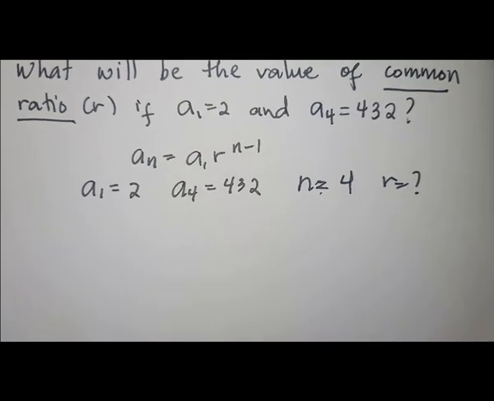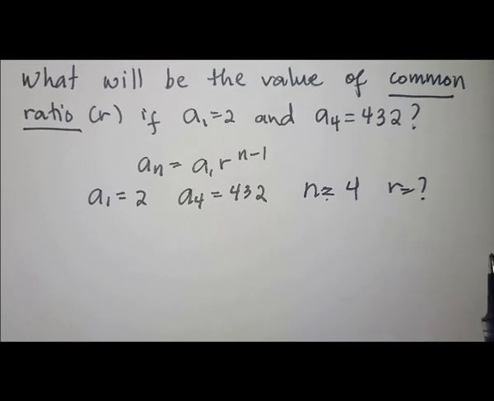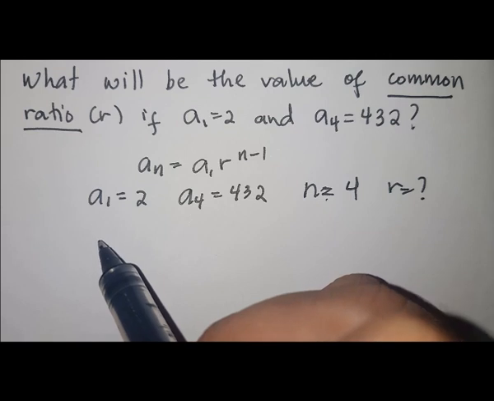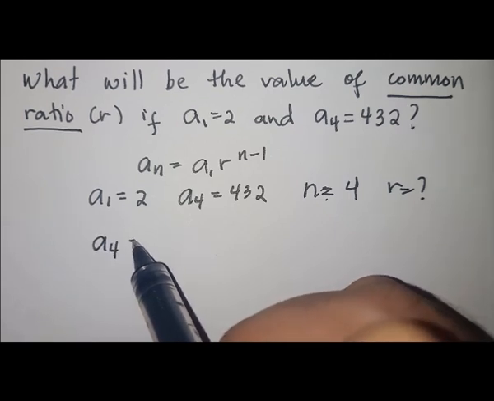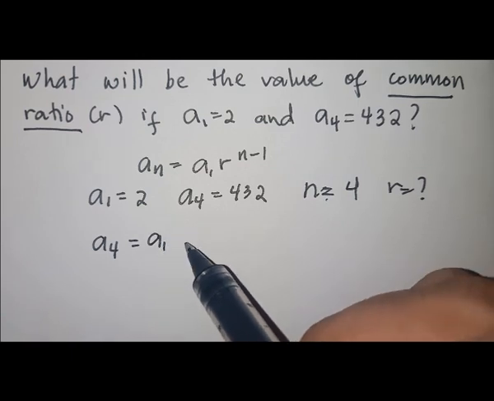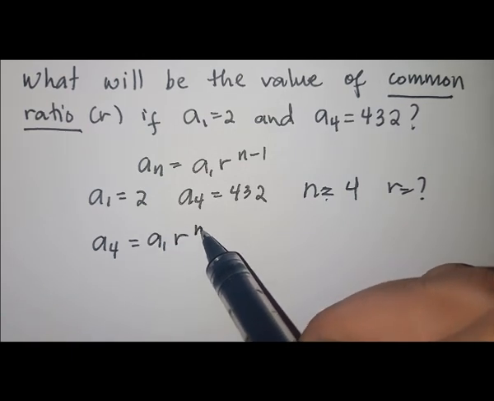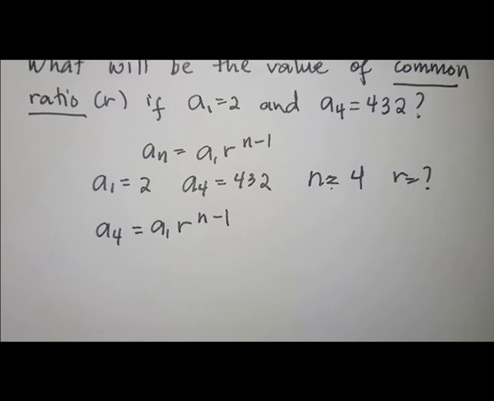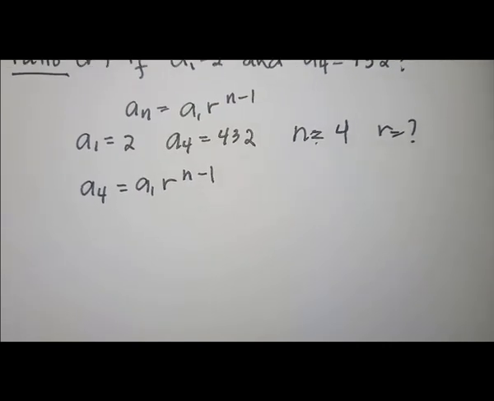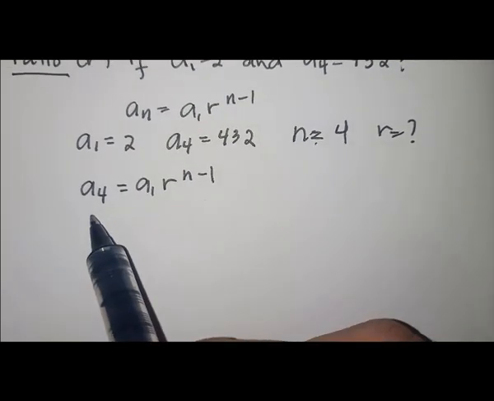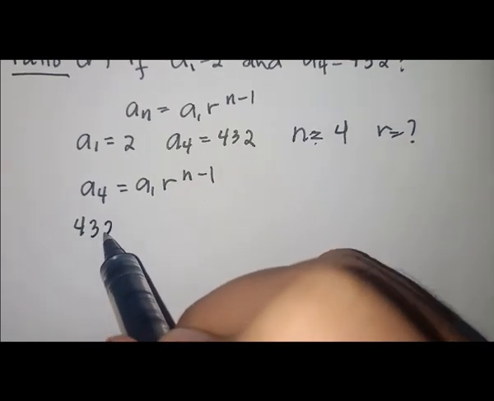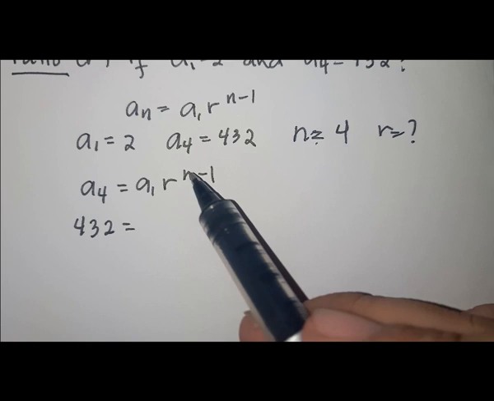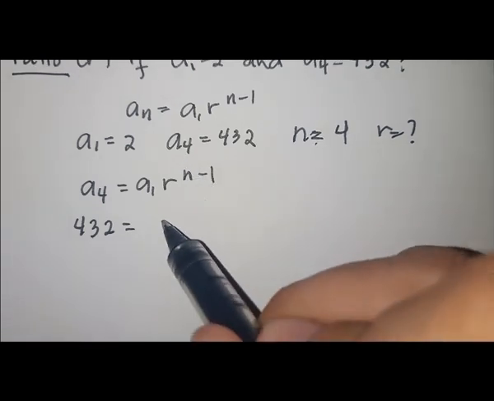Okay, so let's start. So una, substitute natin yung corresponding value. Sulat natin yung equation muna in this form. We have a sub 4 is equal to a sub 1 times r raised to n minus 1. So, sa given na to, meron tayong value ng a sub 4, which is 432. Equals, ang a sub 1 natin ay 2.